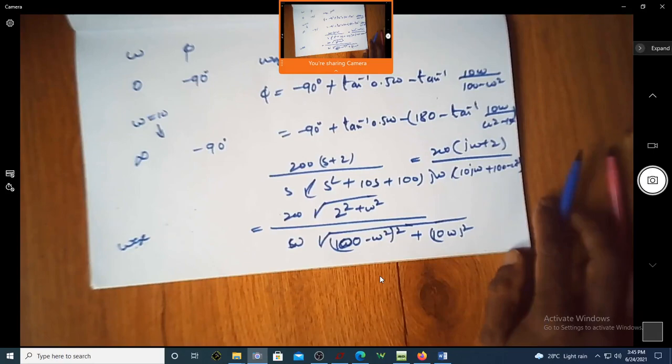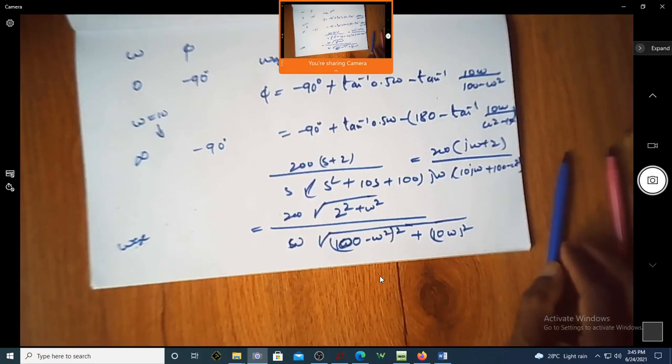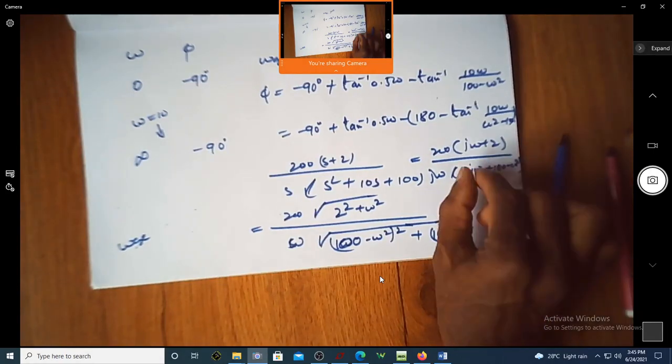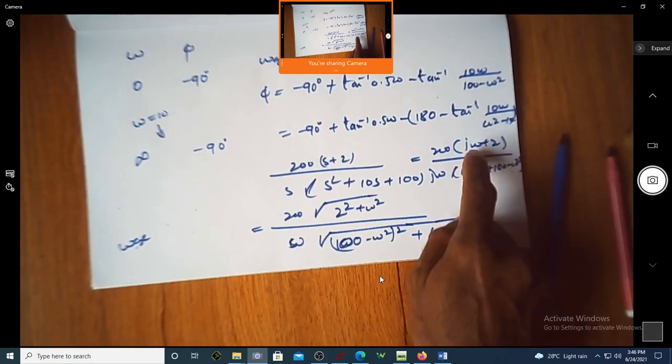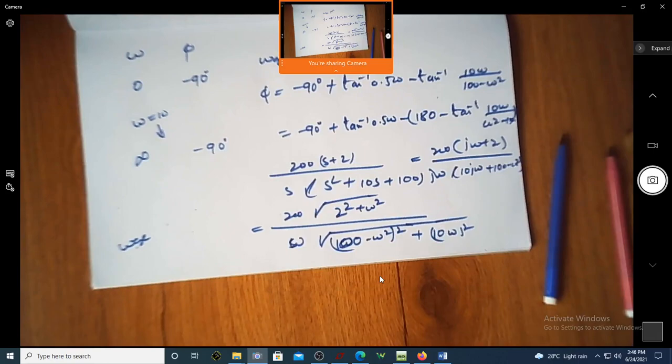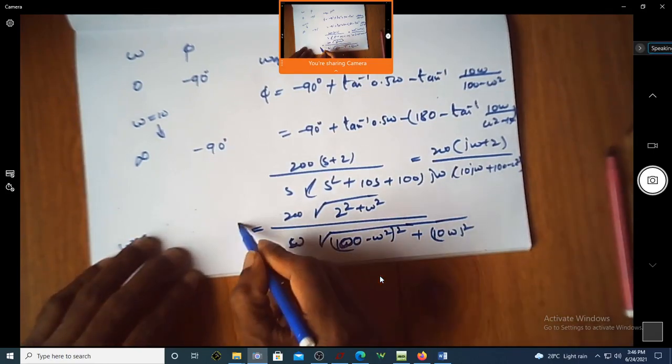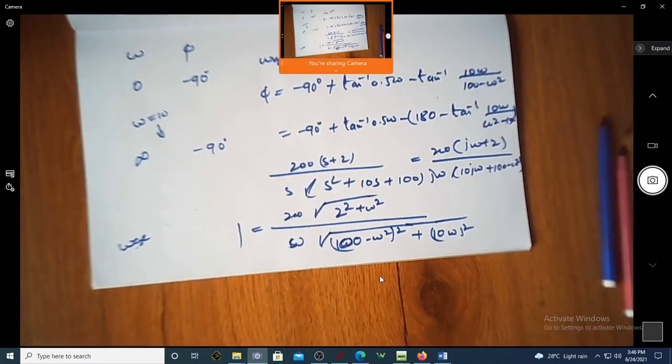Correct? Yes, sir. You have the real term, imaginary term. So real term square plus imaginary term square under root. Can we find omega GC? Equate this to 1, you'll get omega GC. Can you do that? Yes, sir. Do it now.